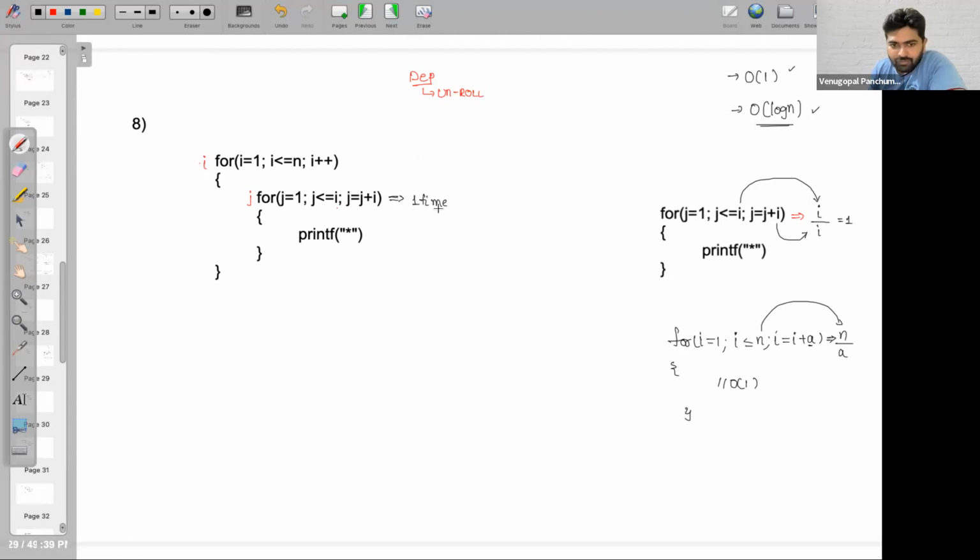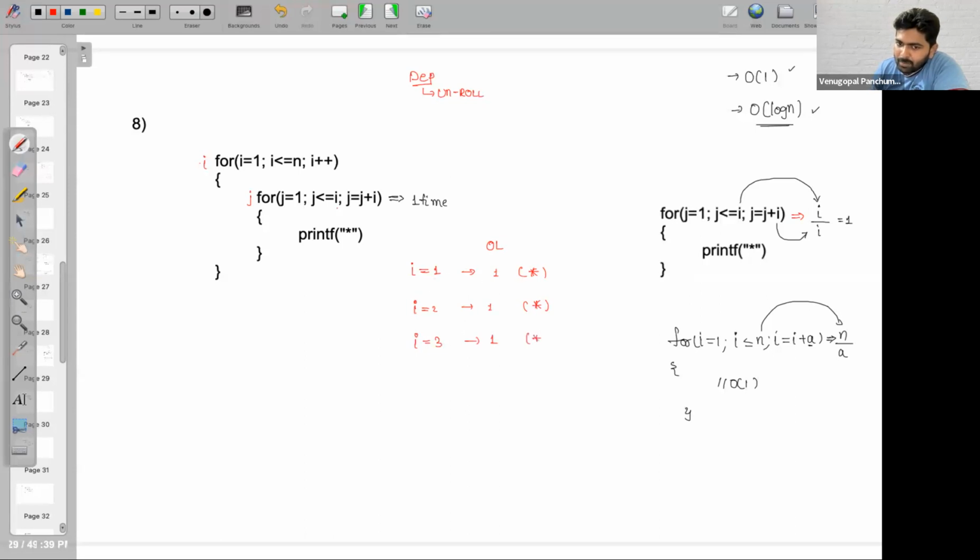Now if this loop is executing only one time, try to unroll. If I unroll, see carefully. This is the outer loop, OL means outer loop. When I is equal to 1, this loop executes once. Similarly, when I is equal to 2, this loop also executes once. Executing once is nothing but one print statement printing. Similarly, when I is equal to 3, only one time it will execute, no matter what the I value is.